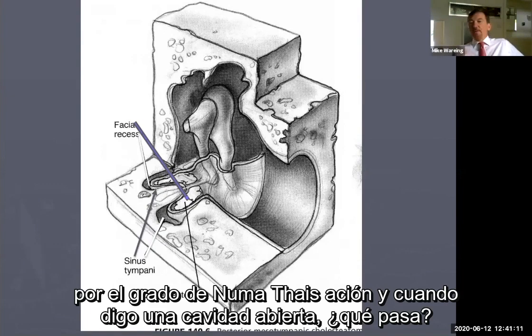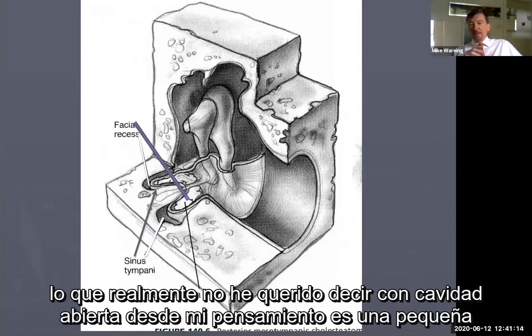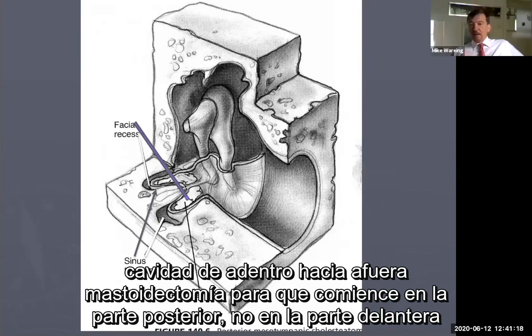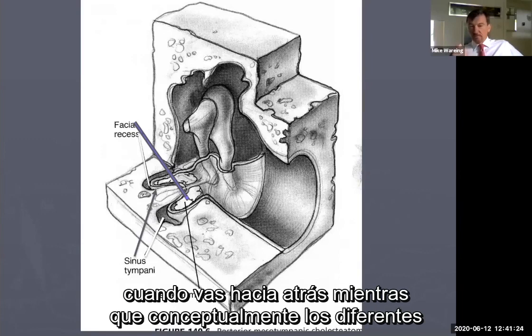And when I say an open cavity, what I really mean, from my thinking, is a small cavity inside out mastoidectomy. So you start at the back, start at the front, and you go backwards.